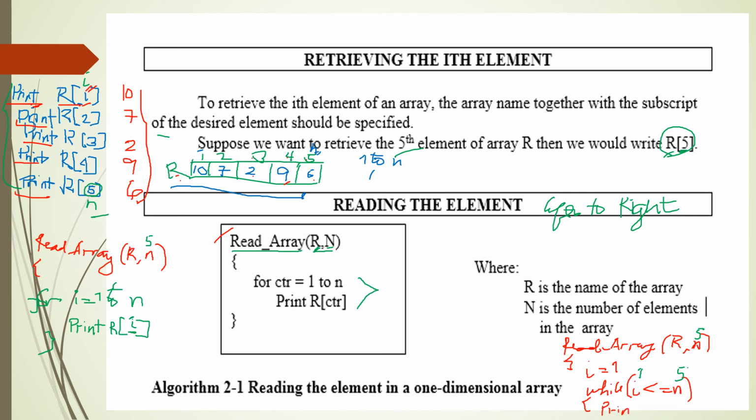So, we have print R sub I. So, 1 is I, 2 is also I, 3 is also I, and so on and so forth. Okay? And then, after displaying the value of R sub I, what will happen? It will go back to the loop. However, the value of I remains 1. So, what are we going to do to make this I move from 1?